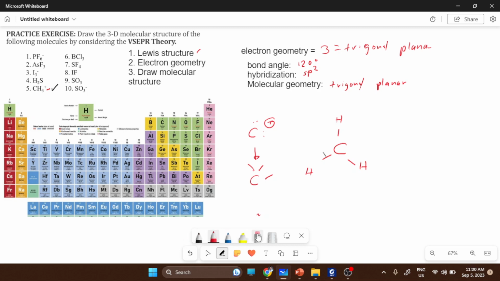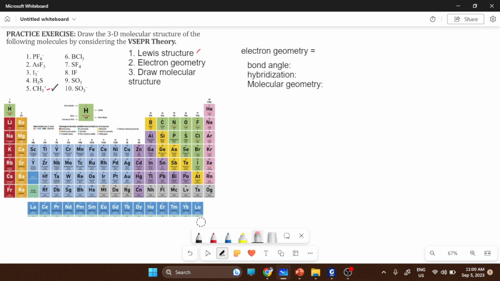What about the boron trichloride? Okay. So boron, as we all know, is group 3. So 3 Lewis dot. And it has 3 terminal atoms. Kukunin ng tatlong chlorine natin yung electrons. So wala tayong lone pair. Ilan yung electron domains natin? Tatlo. So tatlo, siya ay what again? Again, it is trigonal planar.